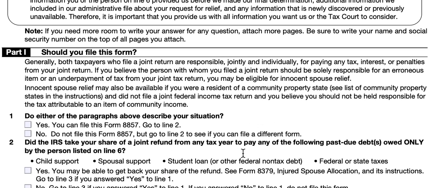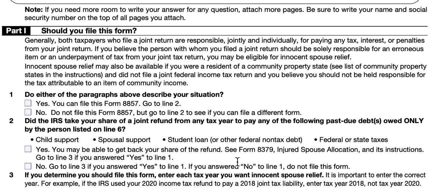Question 2, did the IRS take your share of a joint refund from any tax year to pay down any past due debts that only your spouse or the person that was listed on line 6 owed? So this could be child support, spousal support, also known as alimony, student loan debt, or other federal non-tax debt, federal or state taxes.